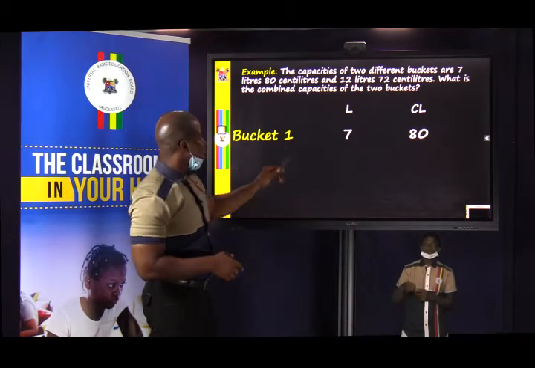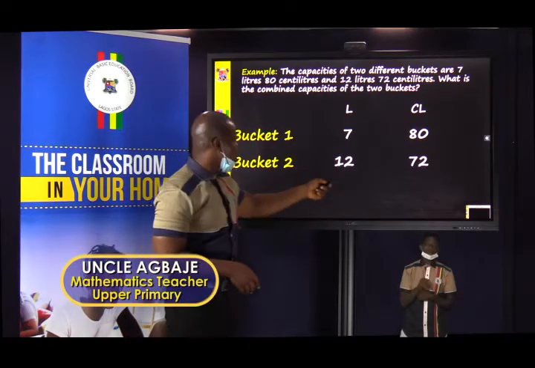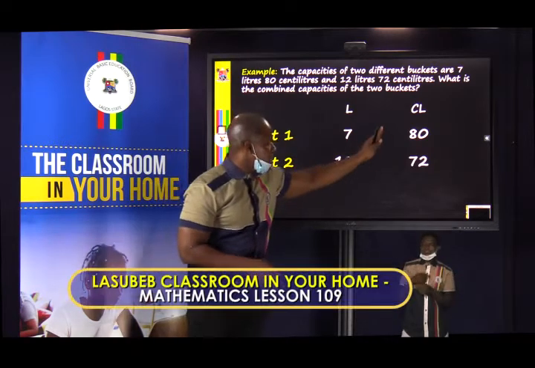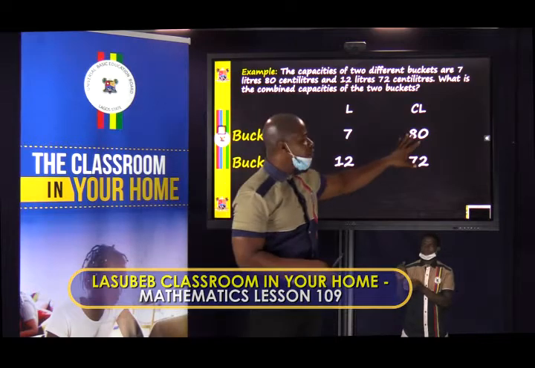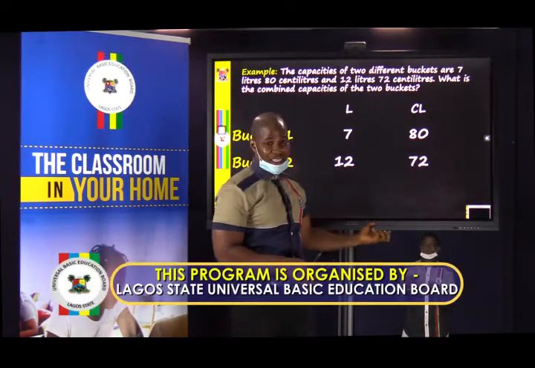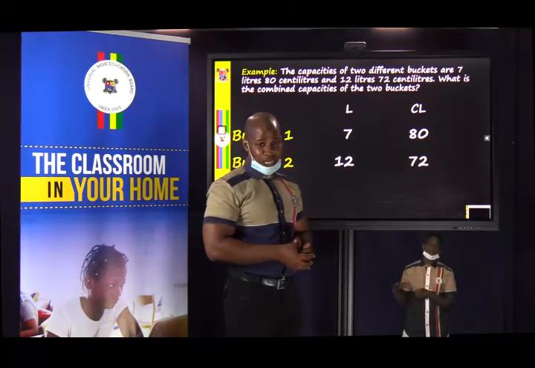The first bucket has 7 liters, 80 centiliters, and the second bucket has 12 liters, 72 centiliters. So we just add the liters to the liters, add the centiliters to the centiliters. But we will begin from the centiliters side, and that is because by the time we finish adding the centiliters, it is possible that we have spilled over into the liters.